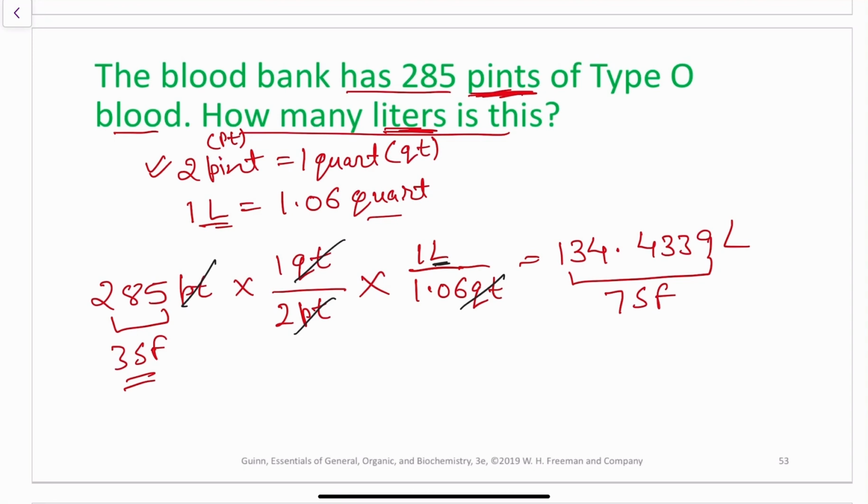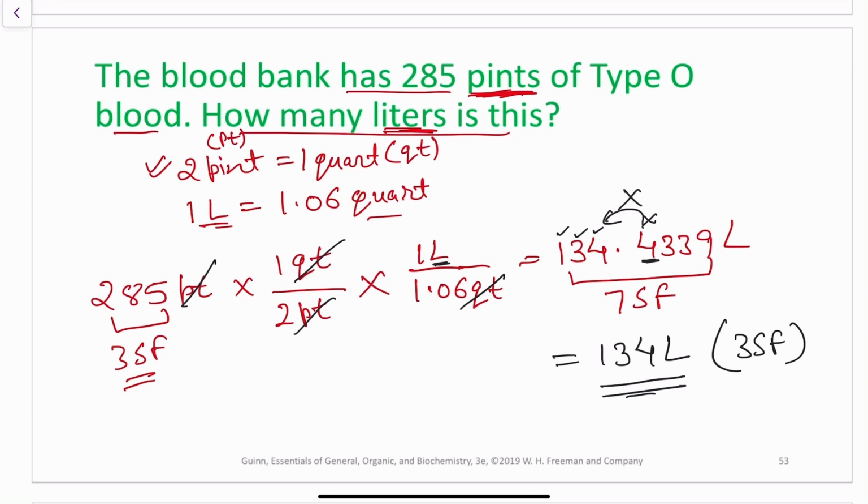We have to see, this is 1, this is 2, this is 3, the fourth one we don't want, and this is less than 5, so this one does not increase by 1. So your final answer will be 134 liter, which has 3 significant figures. Right? So this is how you normally solve it.